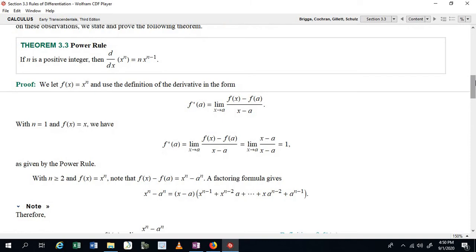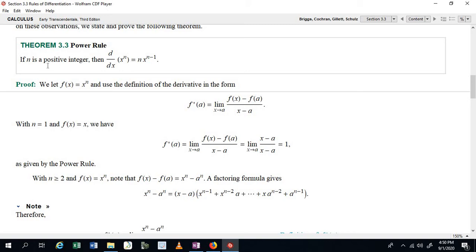All right, the second rule is called the power rule. And it says the derivative of x raised to the n power is n times x raised to the n minus 1 power. Now, this theorem says that n must be a positive integer, but this can actually be extended so that n is any real number.